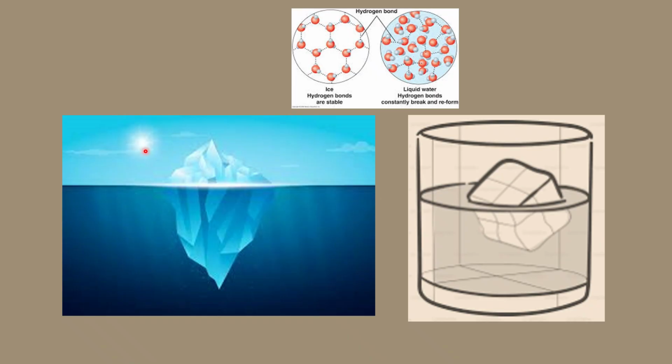And many a shipwreck has been caused by icebergs, where only a small part is above water and a large part is below water. Several shipwrecks have taken place, and yet this is a property due to which aquatic life is preserved in cold countries. So it's both a blessing and a curse.